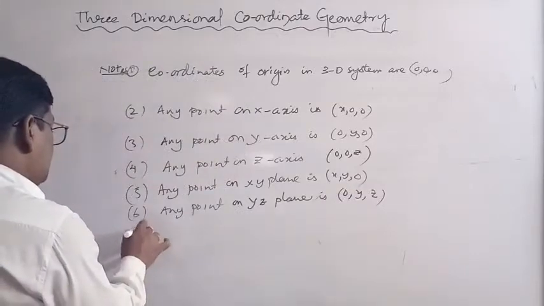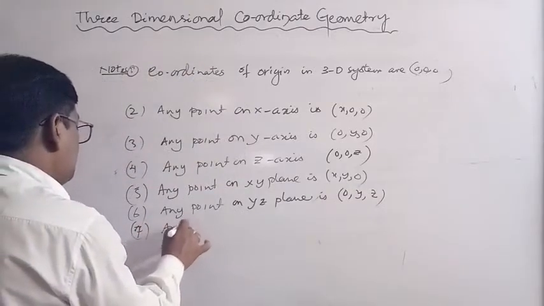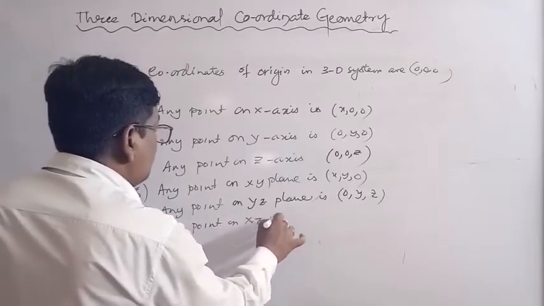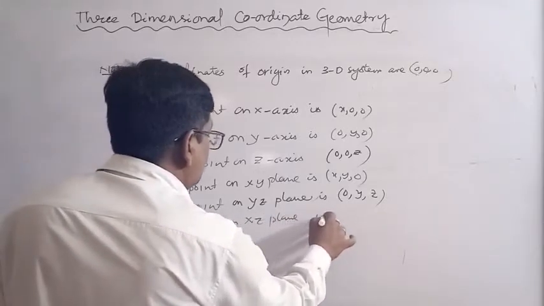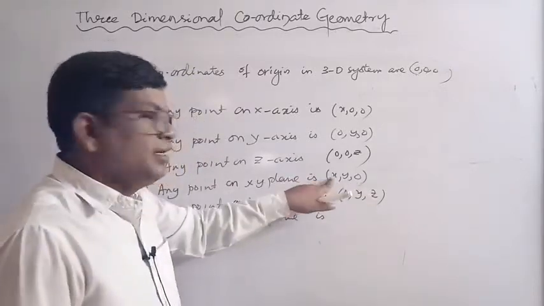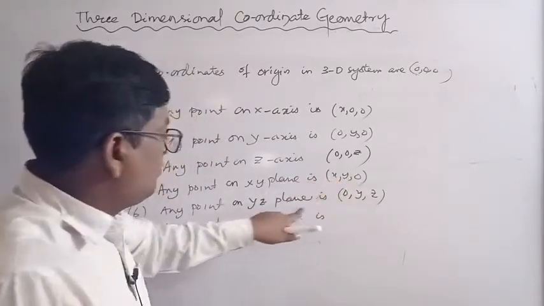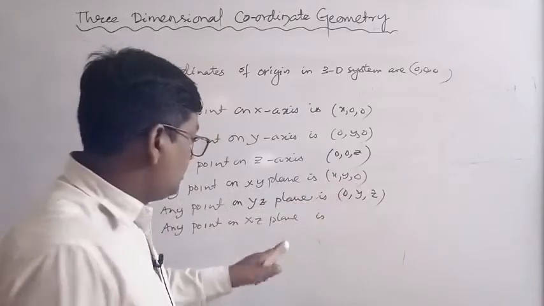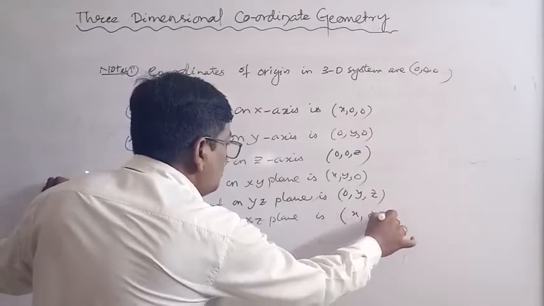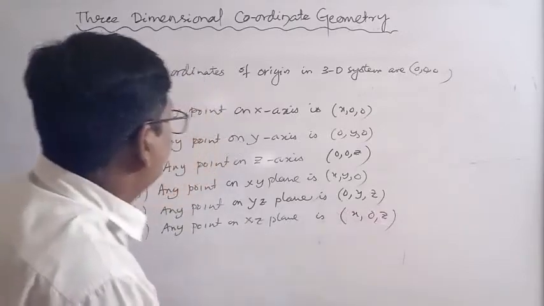And number 7, any point on the xz plane is x, 0, z. Clear?